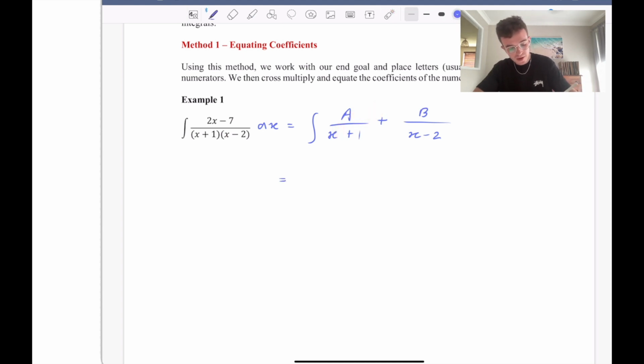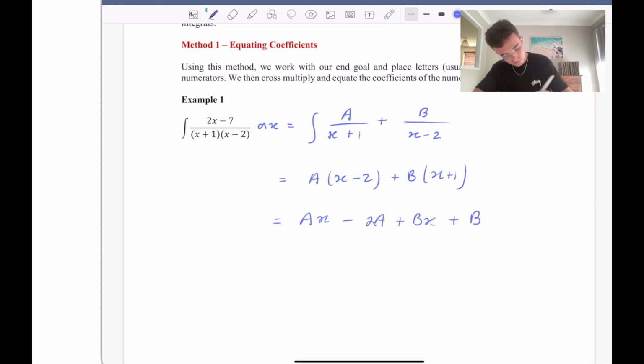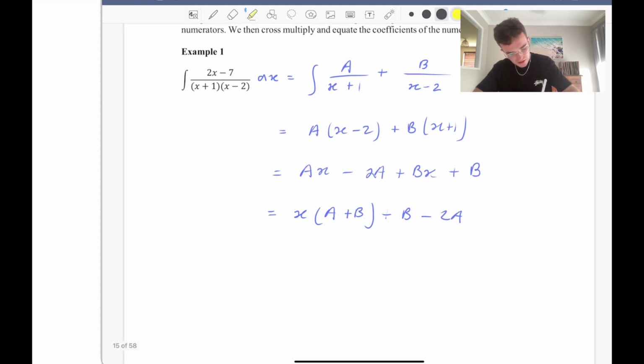So we're going to cross multiply these. So A(x minus 2) plus B(x plus 1), and that's equal to ax minus 2a plus bx plus b, which is equal to x(a plus b) plus b minus 2a. So by equating coefficients, a plus b has to equal 2, and b minus 2a has to equal minus 7.